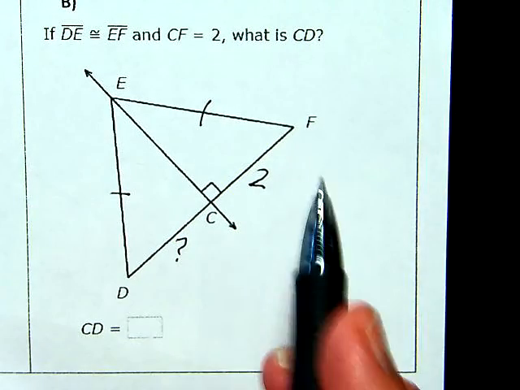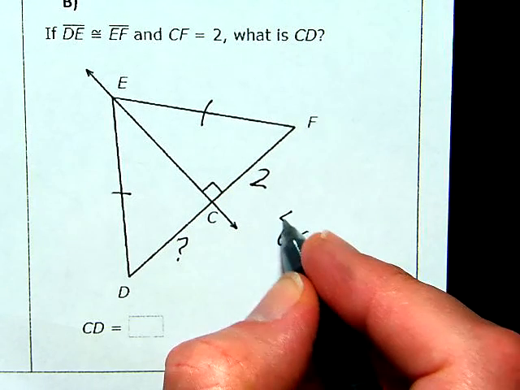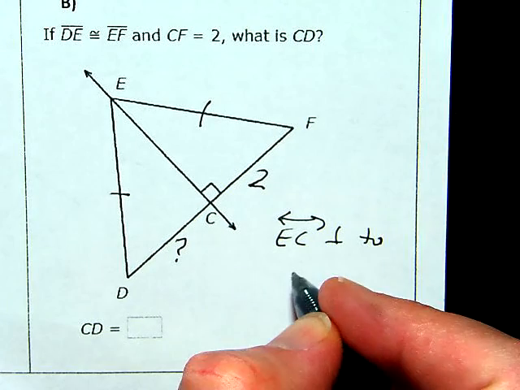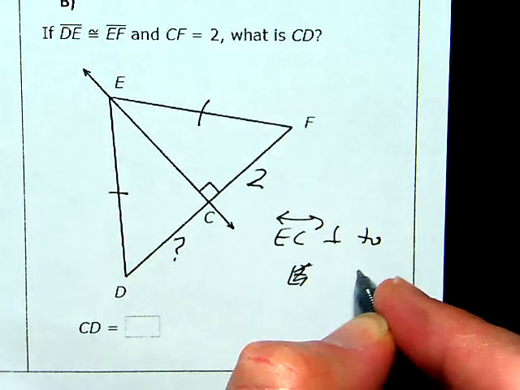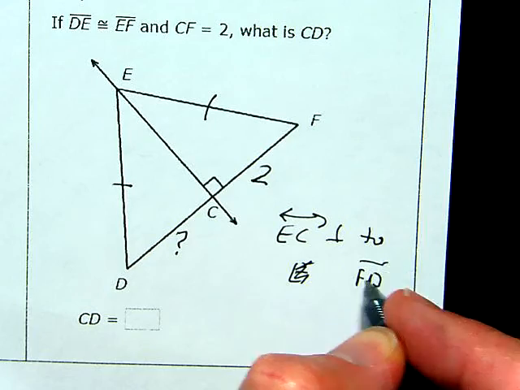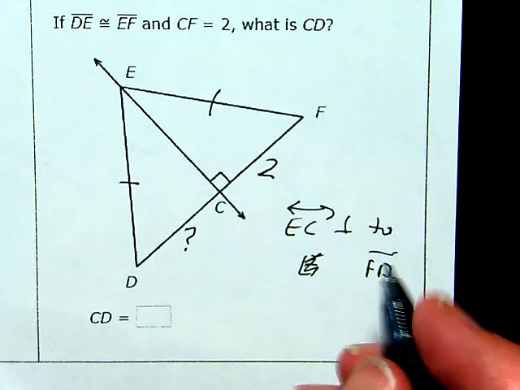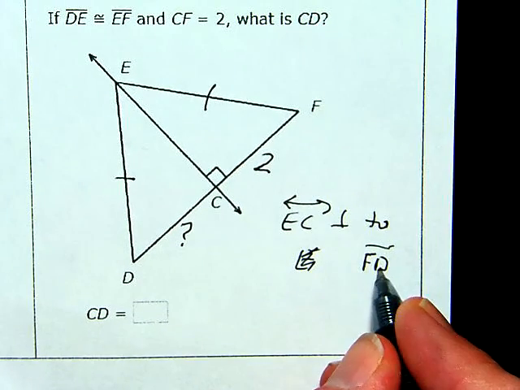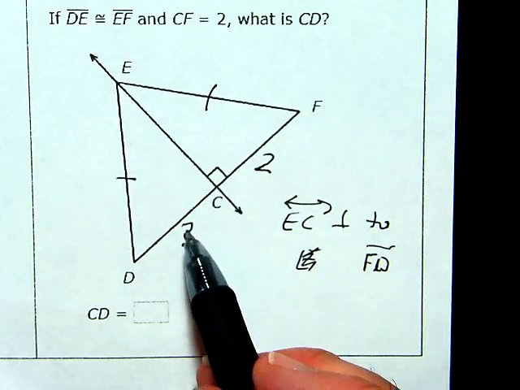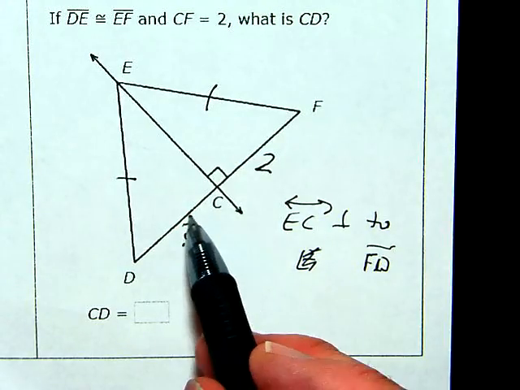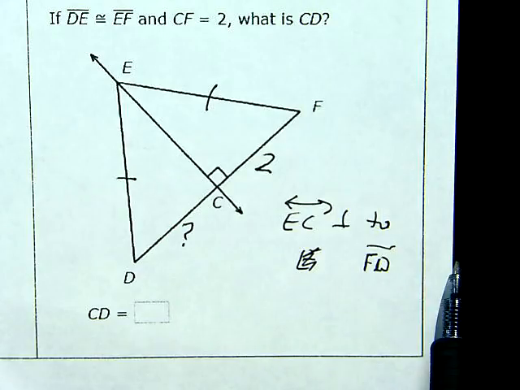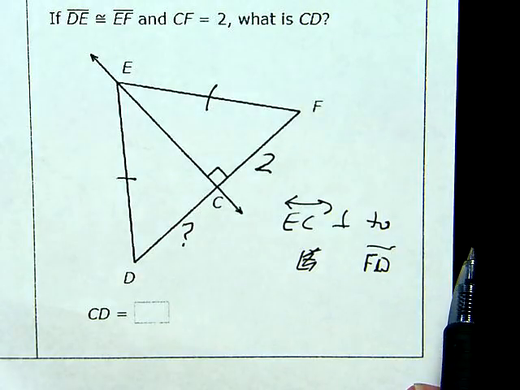We know EC is perpendicular to segment FD, but we don't know if it's a bisector or not, right? In fact, we don't know the size of this segment, so we can't directly use the perpendicular bisector theorem.